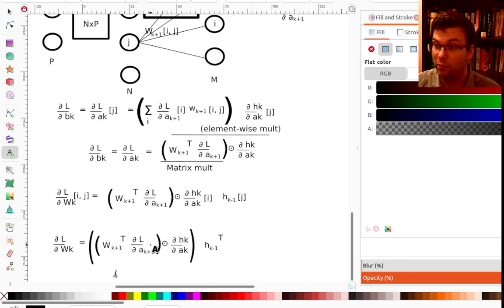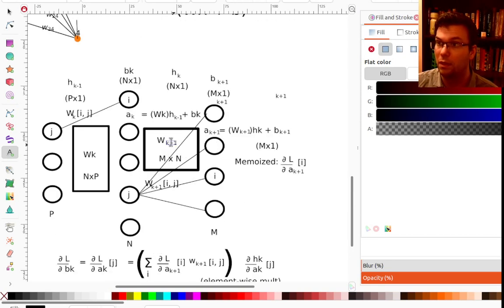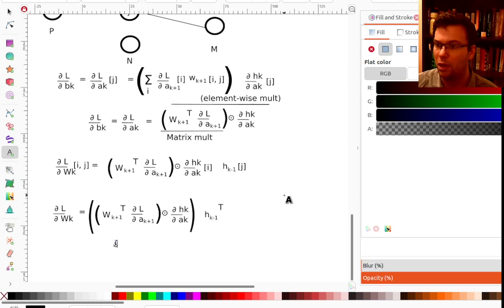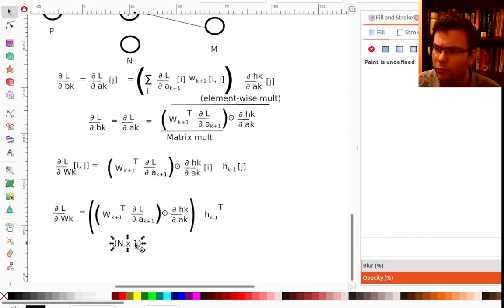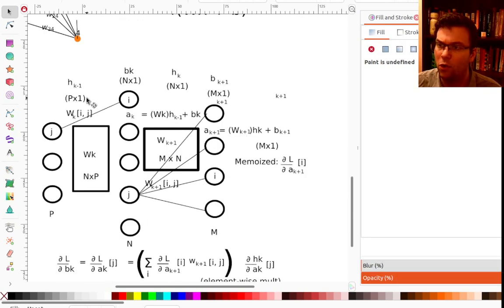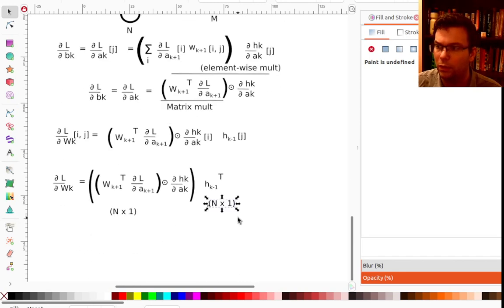As I was looking before, the derivatives with respect to A_k is supposed to have n rows and m columns. So that would be n rows and 1 column. So it's a column matrix with n rows. And this here was a p by 1 matrix. So it's a column matrix with p rows.